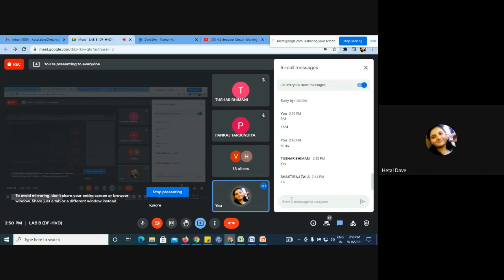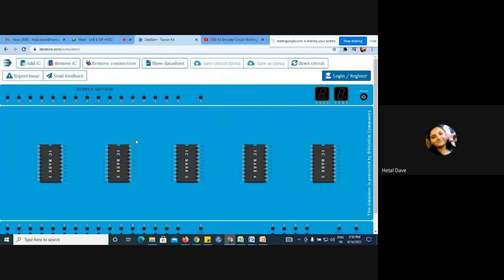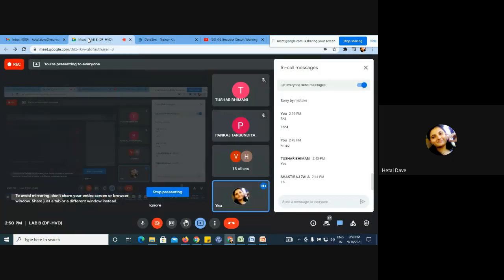Once your book work is completed, you will open DELSIM, connect the circuit, and the circuit output should match your prepared truth table in your book. So you need to verify your output with your prepared truth table. Now it is your task to start your work.